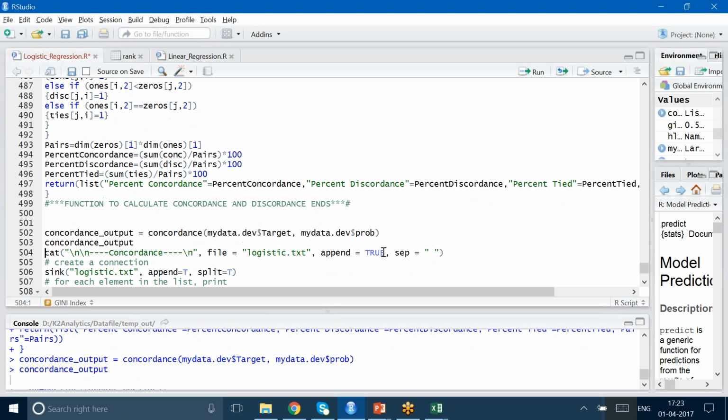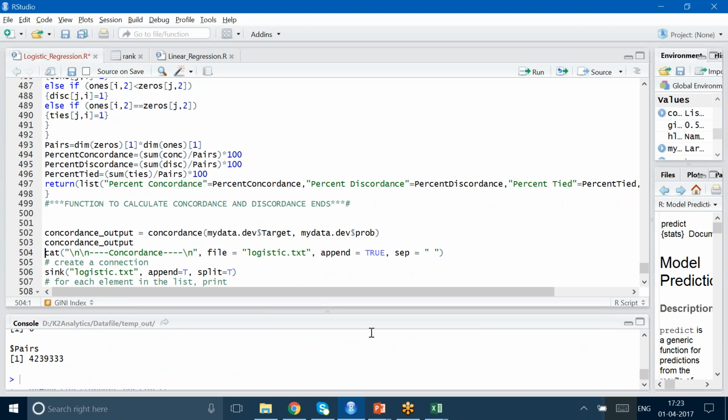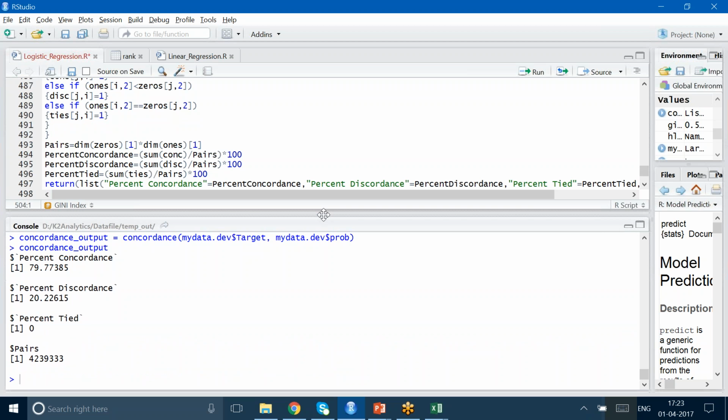If you now see this output, it formed, yeah, it took some time. It formed how many pairs? 4,239,333 pairs. Of those many pairs, 80% of the pairs were concordant, 20% were discordant, 0 were tie.